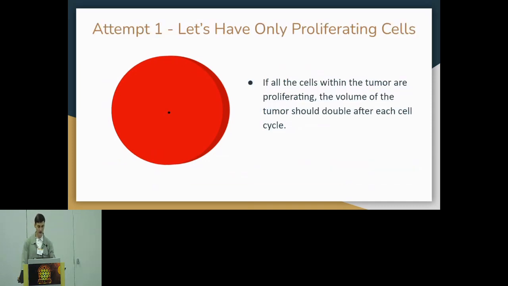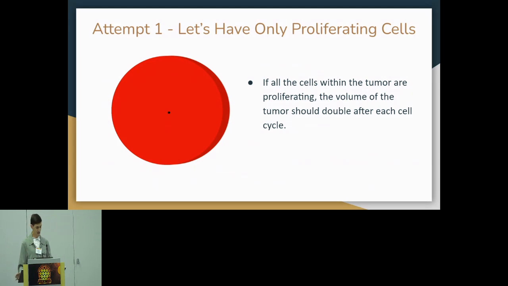So I began with the simplest case, in which all the cells are proliferating. The red area and volume on the sphere represent the cells that are proliferating. So if all the cells of the tumor are proliferating, they will all divide during each cell cycle.